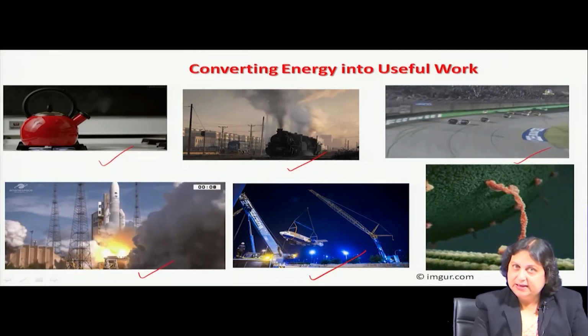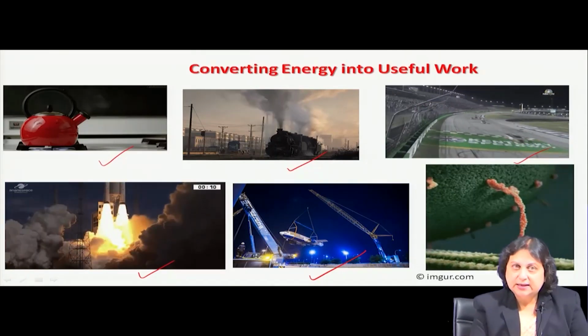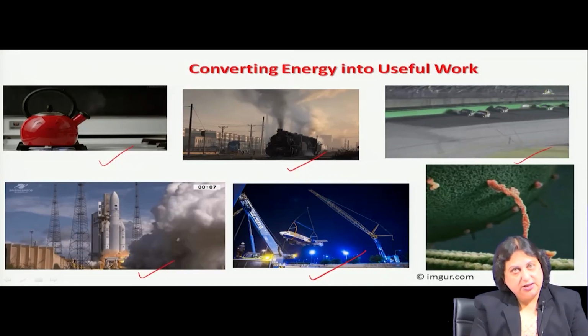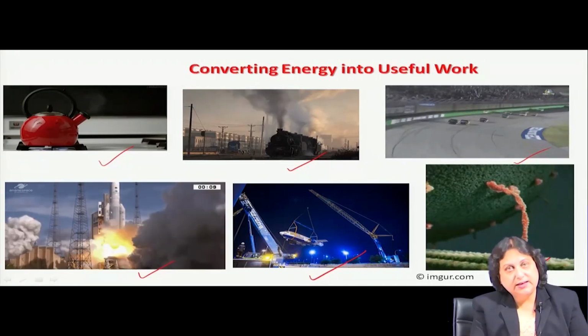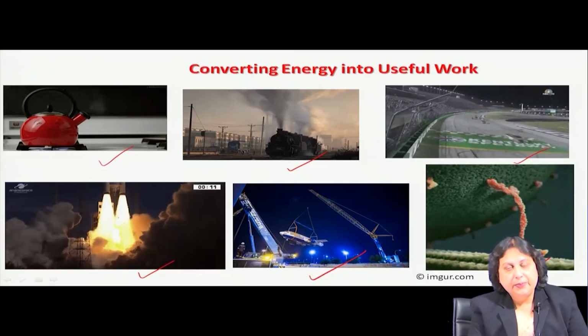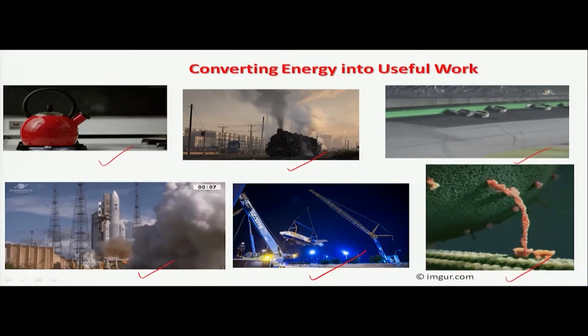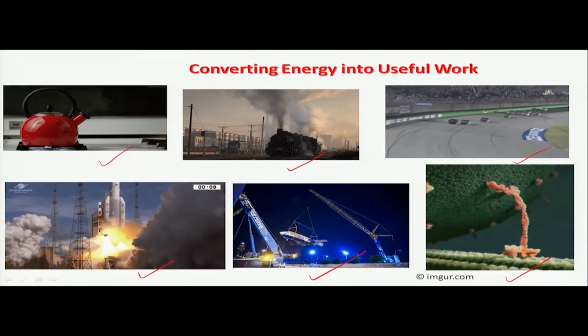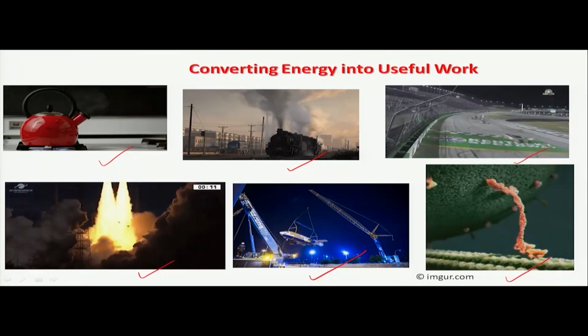So the basic idea here once again is that I will take energy from the abundant sources in nature and put them in action by converting this energy into useful work.